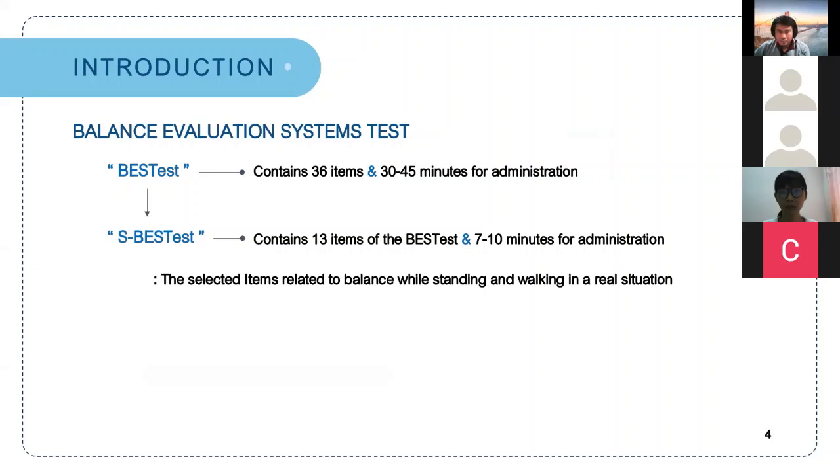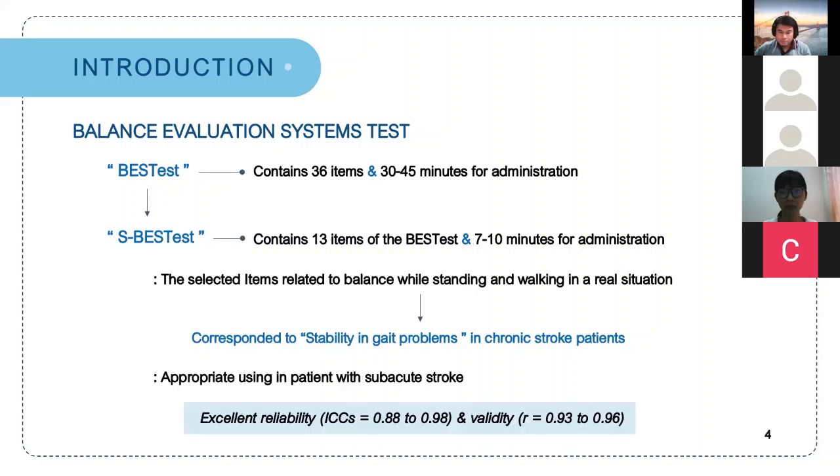The S-BESTest can evaluate all systems of postural control while standing and walking in real situations, such as walking with a dual task, changing gait speed, and walking with head turns. These items correspond to the stability in gait problem in chronic stroke patients. A previous study showed that the S-BESTest had excellent reliability and validity in patients with subacute stroke. From the above review, the S-BESTest would be a potentially critical tool for comprehensive balance assessment.